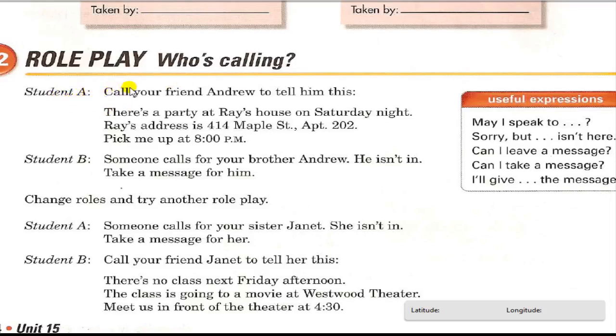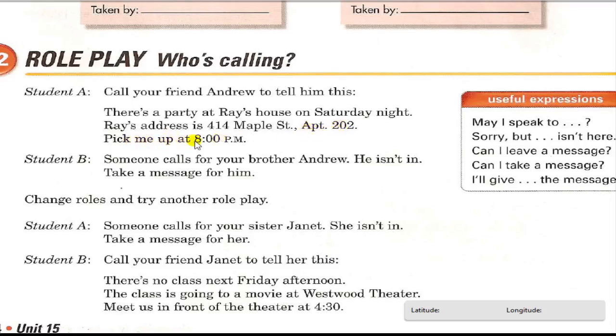Student A, call your friend Andrew to tell him this. There's a party at Raya's house on Saturday night. Raya's address is 414 Maple Street, apartment 202.